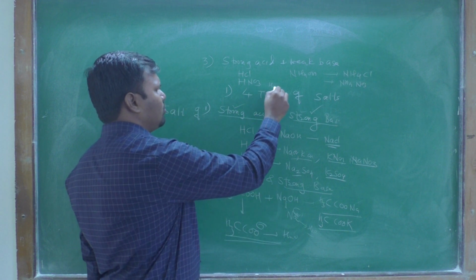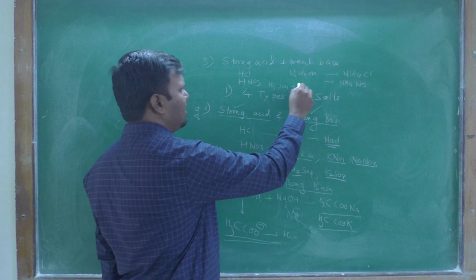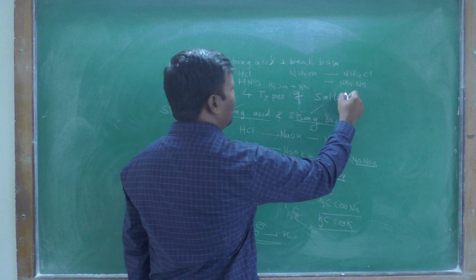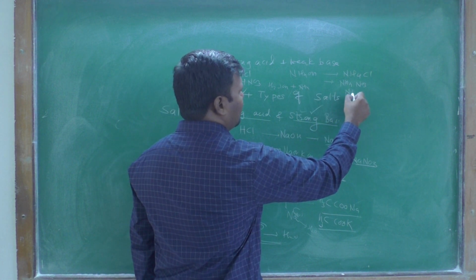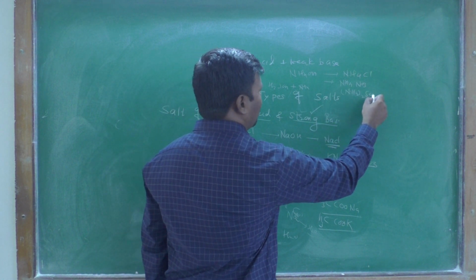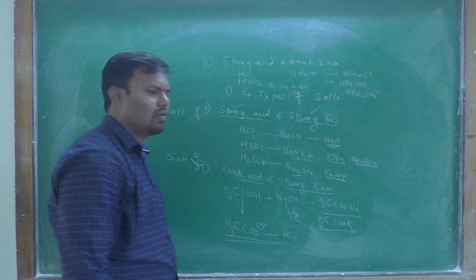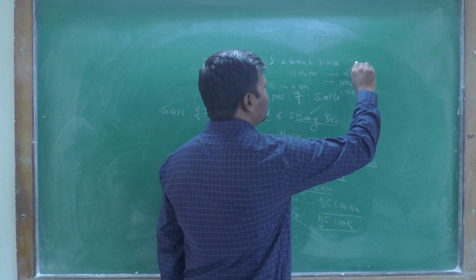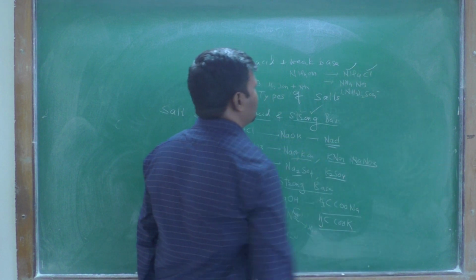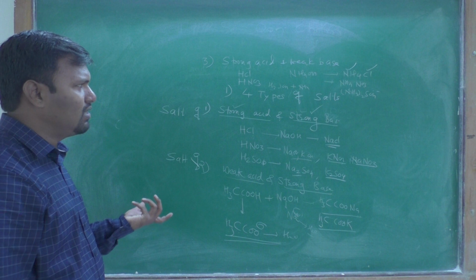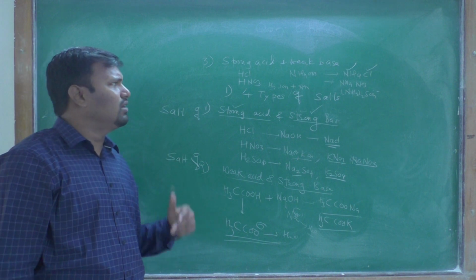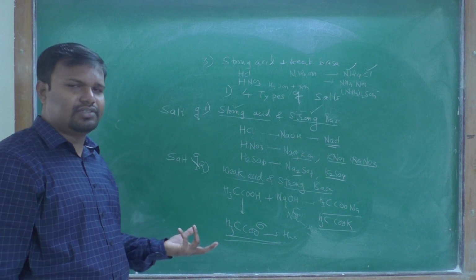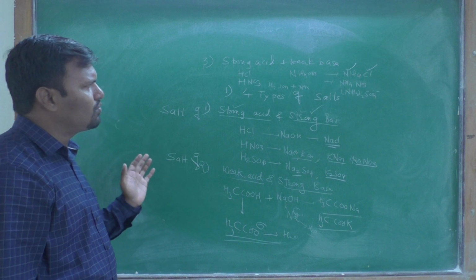Or if you have H2SO4 and NH4OH, then you will obtain (NH4)2SO4. These are the salts of a weak base and a strong acid. This salt is made up of a weak base and a strong acid, and is called the salt of a strong acid and a weak base.